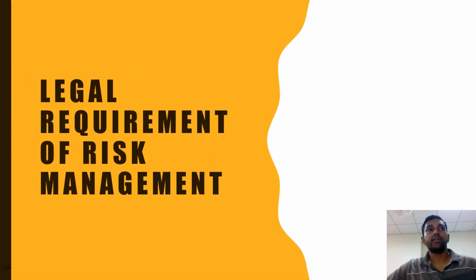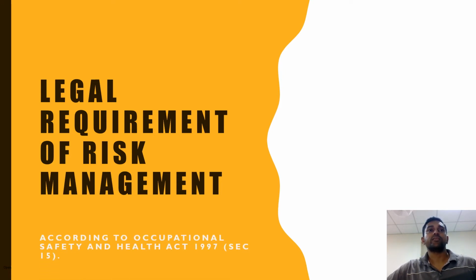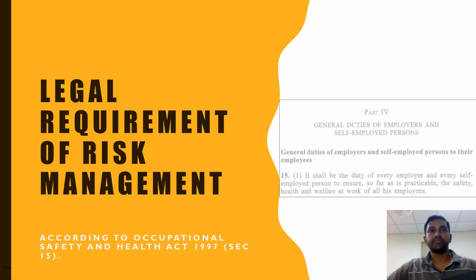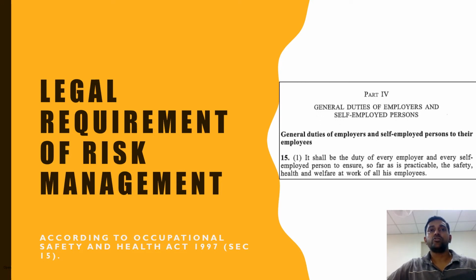And then now we will see more detail about the legal requirement of risk management, where it's stated that we need to have a good risk management. According to OSHA 1987 section 15, the general duties of employers and self-employed persons to their employees is to ensure, so far as is practicable, the safety, health and welfare at work of employees.